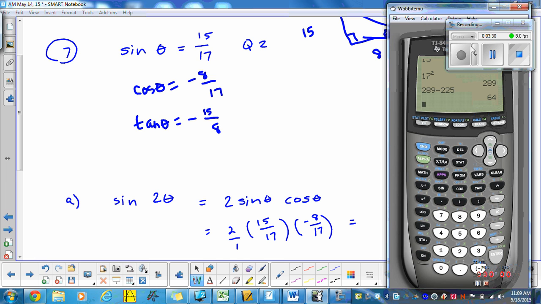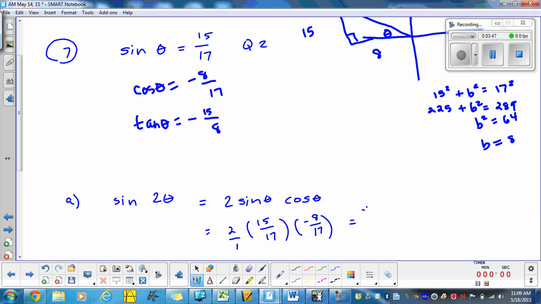We multiply 2 times 15 times negative 8. And that's going to give us negative 240. And we know that 17 times 17 is 289.